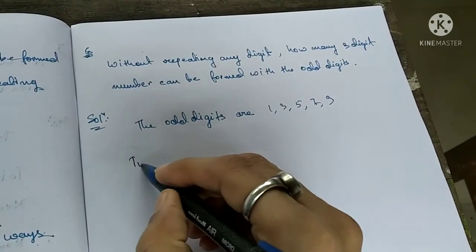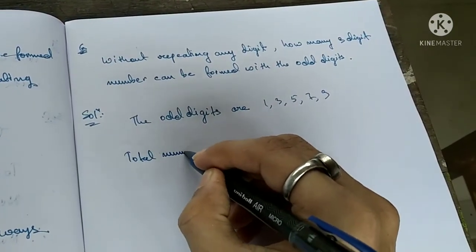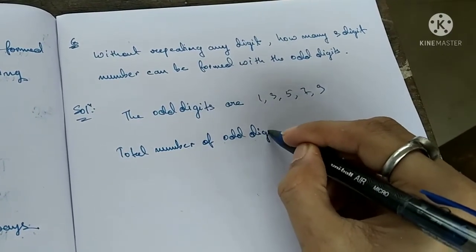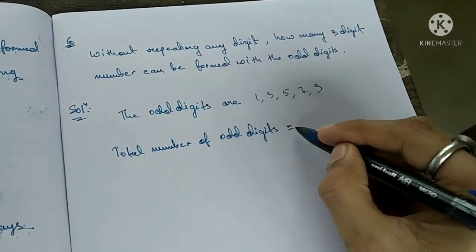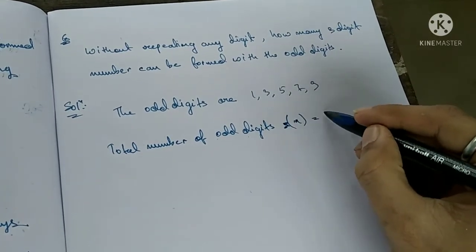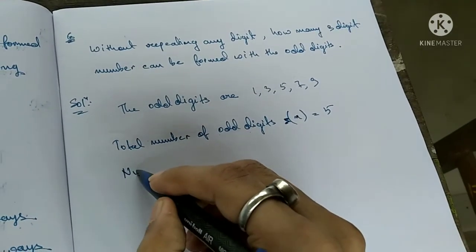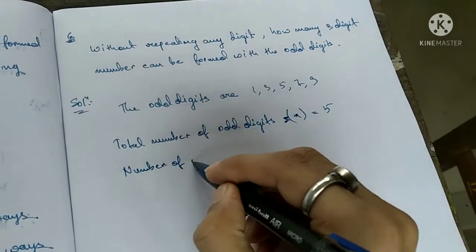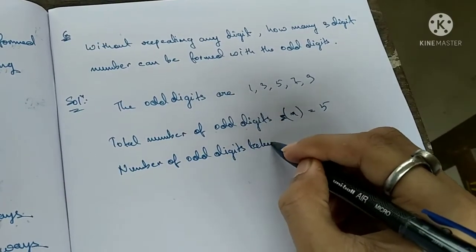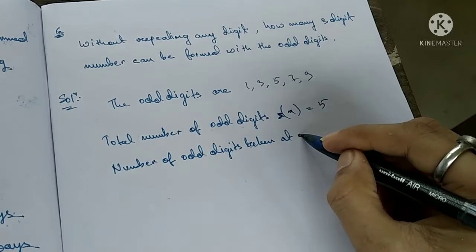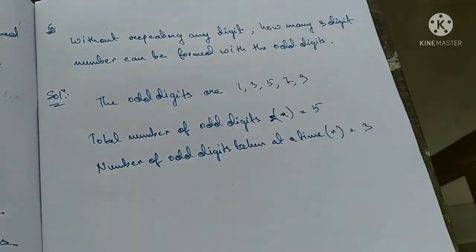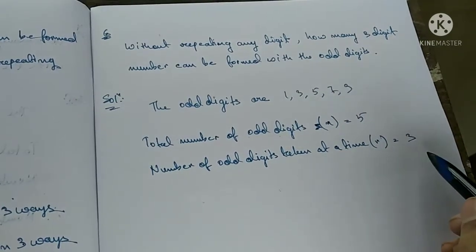So therefore, the total number of odd digits, n, small letter n, will be equal to 5, and the number of odd digits taken at a time, r, is equal to 3. Yes, taken at a time is 3.